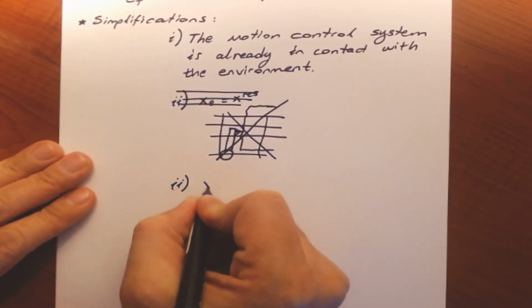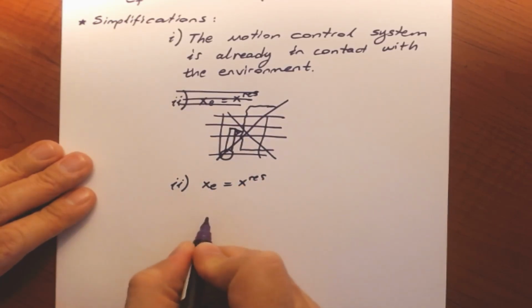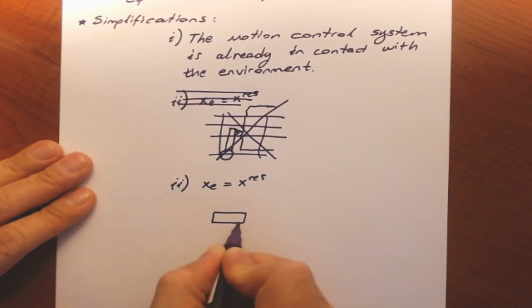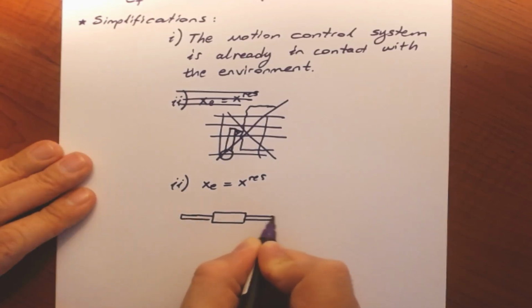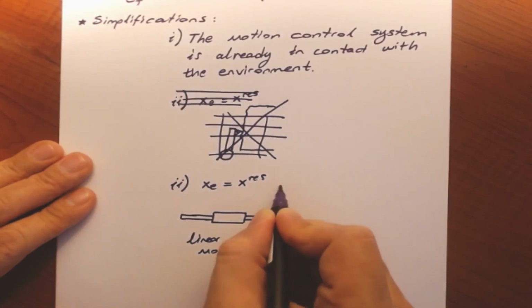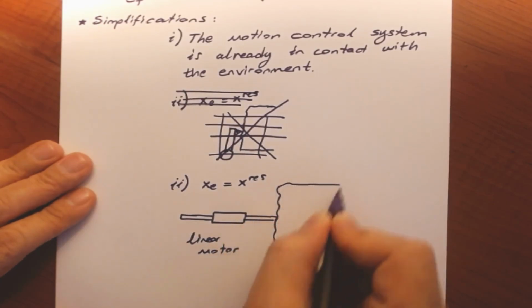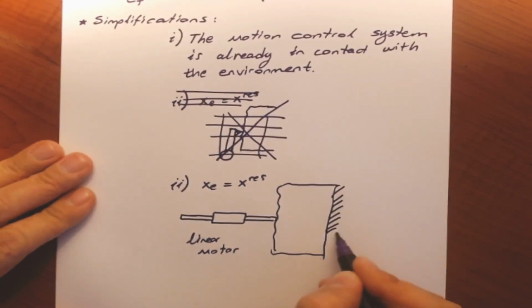So xe is equal to x response. We can better exemplify this if we assume that we have a linear actuator, like a linear motor that is already in contact with our environment.